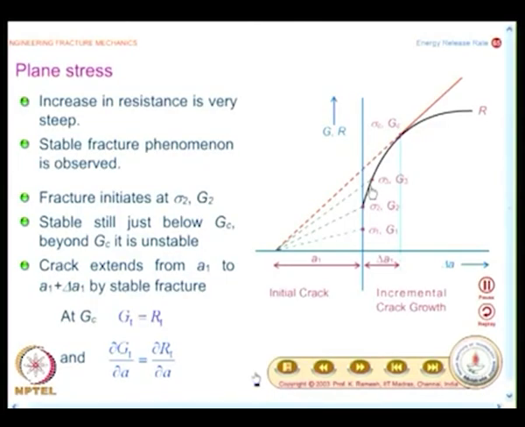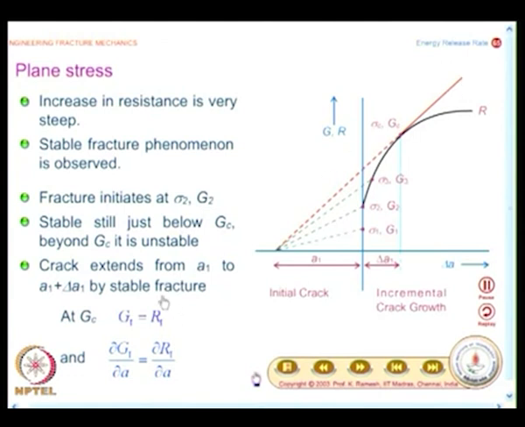Then as the stress level is increased, it will keep on moving like this on the graph, and when it reaches GC, any small increase would result in catastrophic failure of the component.